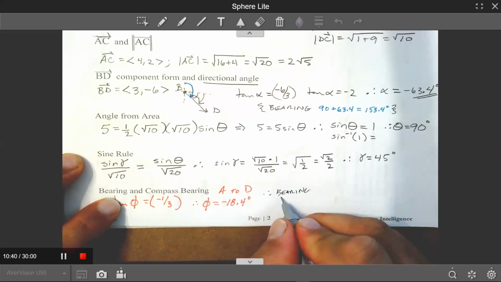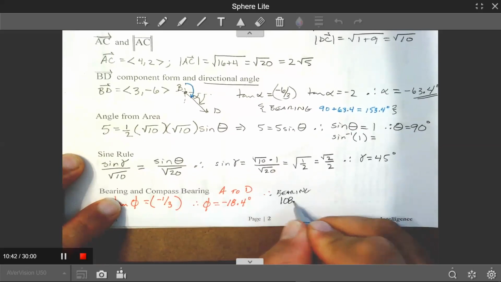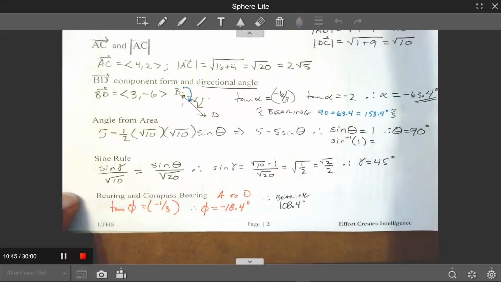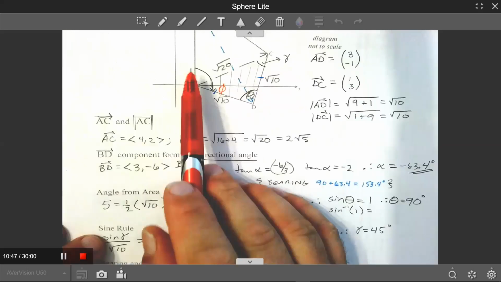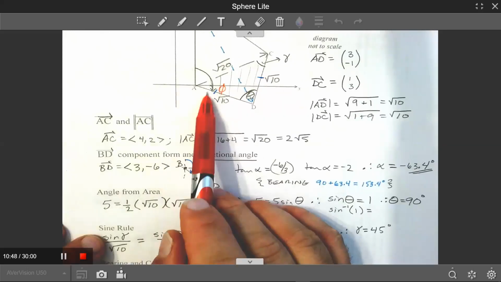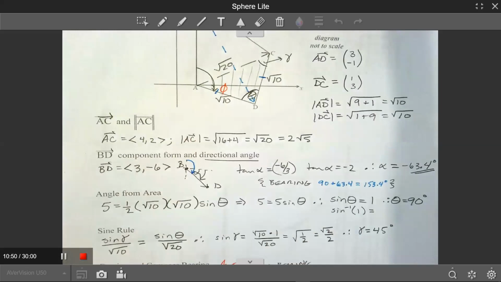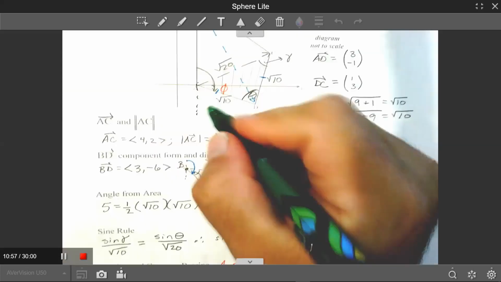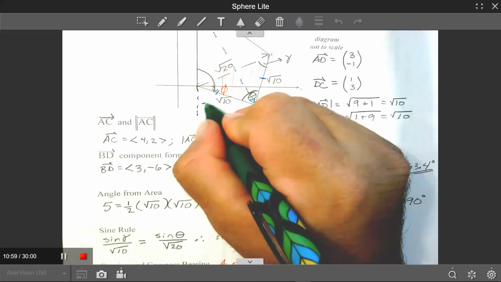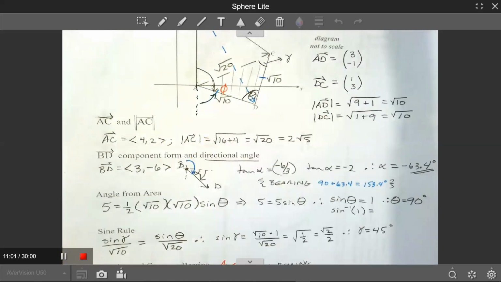So therefore, the bearing would be 108.4 degrees. Why 108.4 degrees? Because the bearing would be taking all of that. And the compass bearing, if I wanted to do the compass bearing, that's going to need to be an acute angle from the north-south line. And so that would take us in that direction.